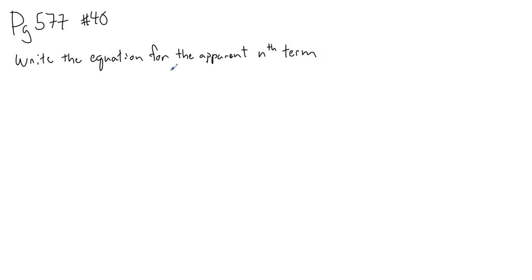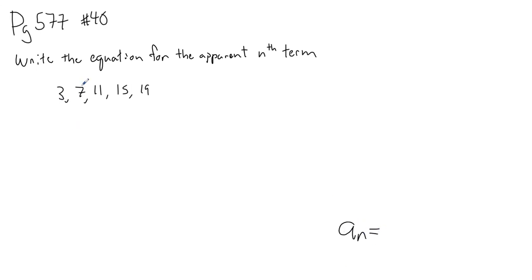All right. And so they give us 3, 7, 11, 15, and then 19. And so when I look at this thing, I have to write an equation, and my final answer is going to be a sub n equals something.